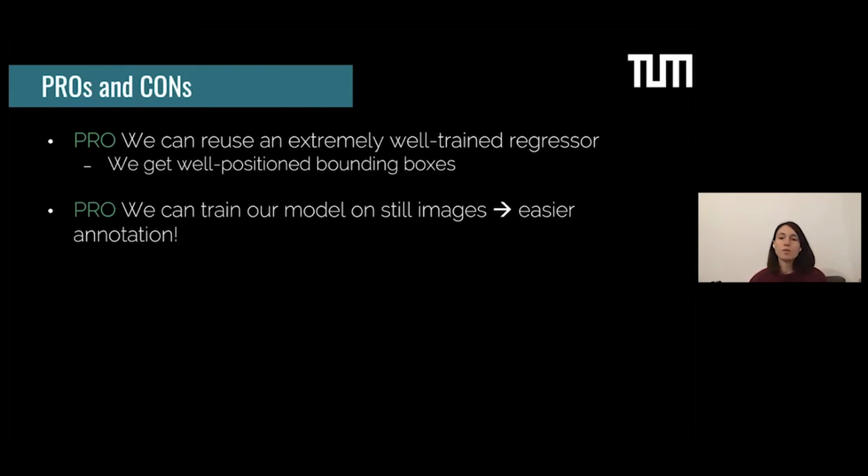Let's say that we want to track some particular type of cell for which we don't have annotations. It is much easier to annotate images than to annotate full videos. Another advantage is that Tractor is online, so you can use it for real-time applications if you have a regression-based detector that works online and also in real time.